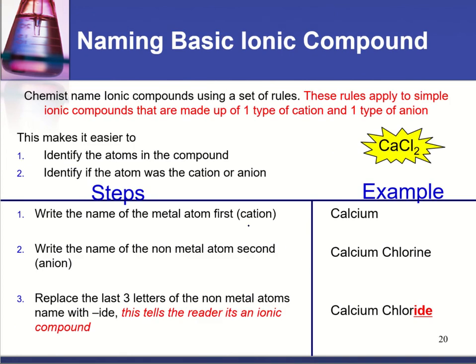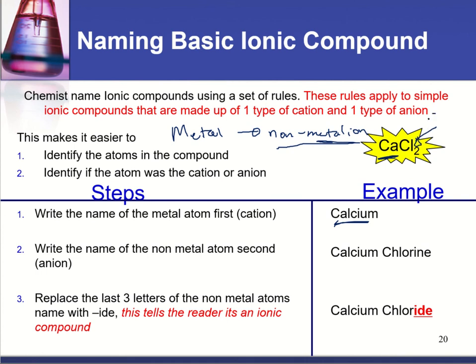Next one we have is naming the compound. So the idea is very simple. When we name an ionic compound, it goes into 2 structures. We have the metal name, and then the non-metal comes second. So the metal never has a name change. If we're looking at calcium here, it's always going to be calcium regardless.